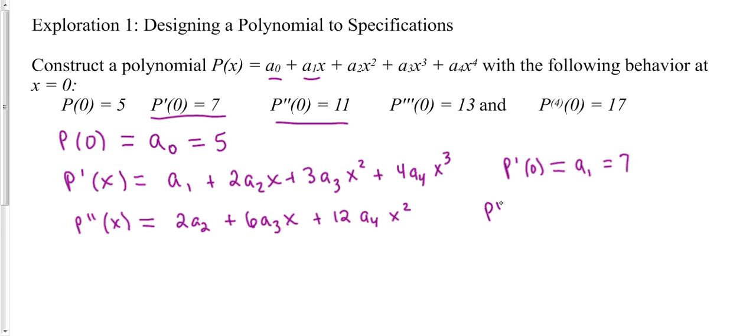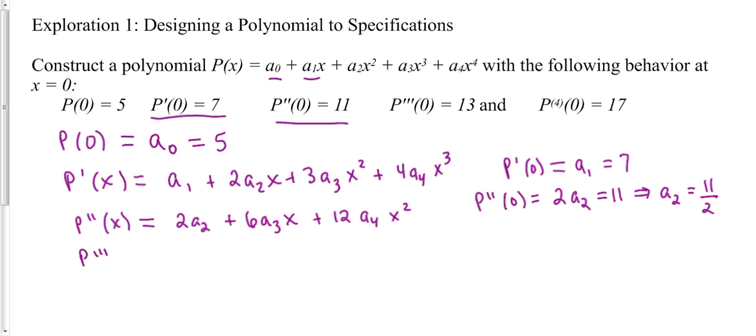And when we evaluate this at 0, we're going to be left with 2a2, and we know that that has to be equal to 11, or a2 is going to be equal to 11 halves. All right, so we've got our first 3 coefficients, and we're just going to keep going.